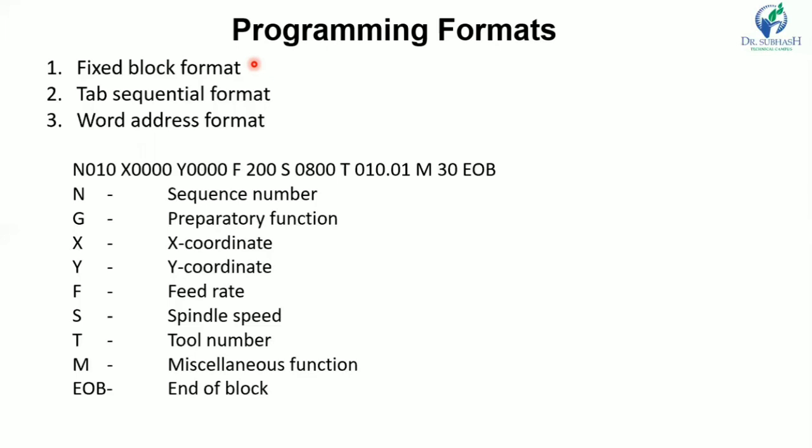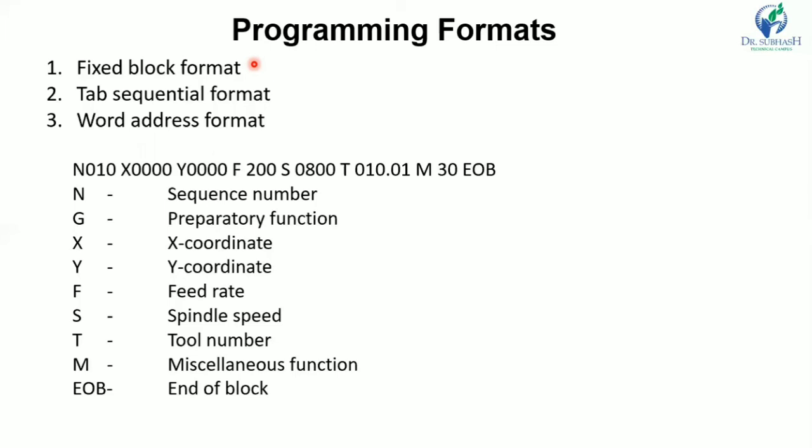Then the tab sequential format. In this program format, the instructions in a block are always given in the same sequence as in the fixed block format, and each word is separated by the tab character.